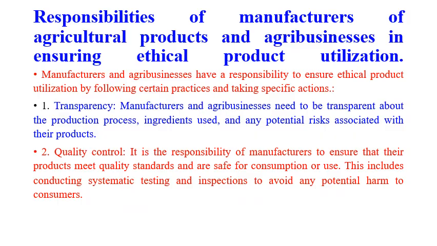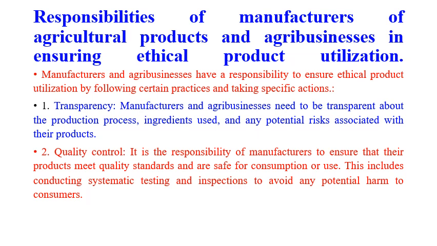Okay, now let's look at the responsibilities of manufacturers of agricultural products and agribusiness in ensuring ethical product utilization. What are the responsibilities of the manufacturers in order to ensure ethical product utilization? What are the actions that they need to take?